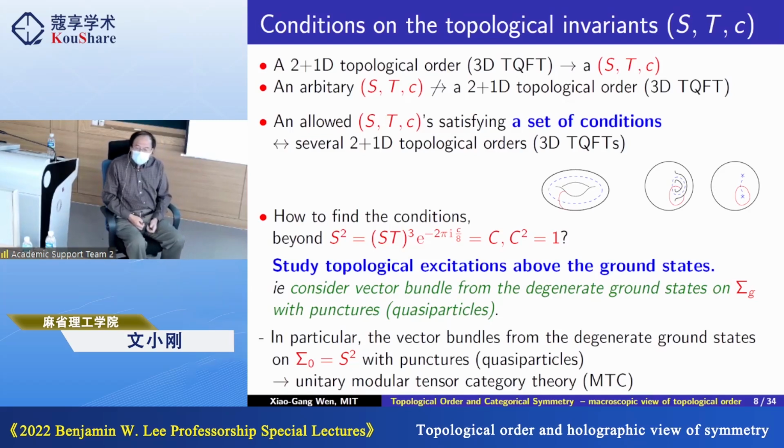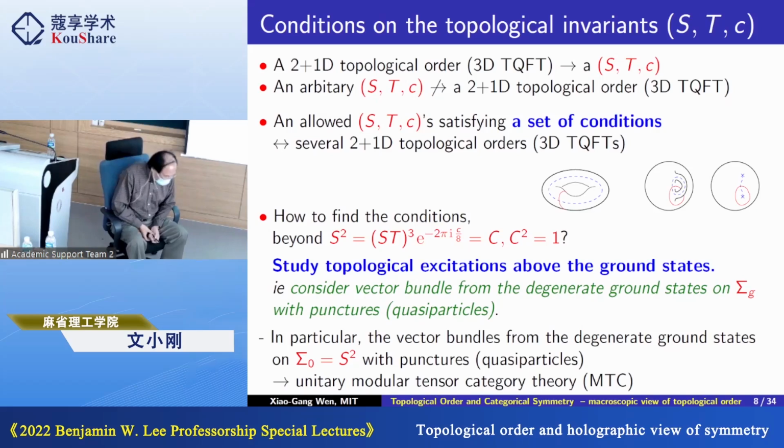So now you can see that there are two ways to study topological order. Either use a vector bundle on space without punctures, but where the space has all kinds of topology. That's one direction. Another direction is that we assume the space has simple topology, just a sphere, but add a lot of punctures. Then the mapping class group of that is a braid group, and the representation of the braid group is also a vector bundle. That may also describe it.